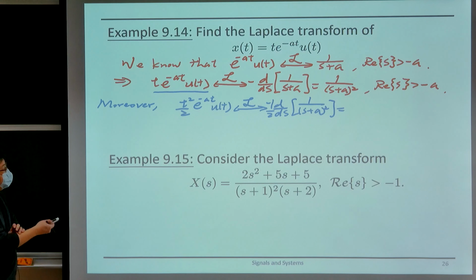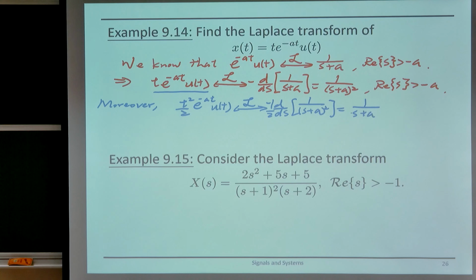The reason I want to do that is because it will give me a more compact form: when I take the derivative of this s plus a squared in the denominator, this will bring out minus 2, which cancels out with this minus 1 over 2. So the derivative of this is 1 over s plus a to the power 3, and the region of convergence is the same.